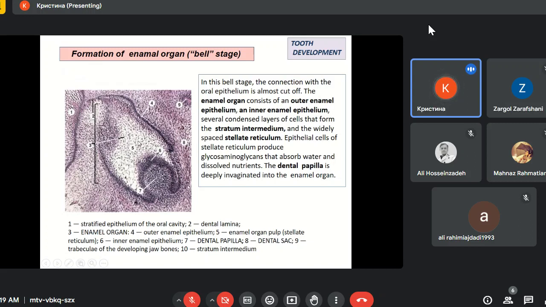They look like small stars, and they resemble mesenchyme cells because now they have very large spaces between them, and these spaces start to absorb a lot of water with glycosaminoglycans and dissolved nutrients, because this part, the pulp of the enamel organ, will next perform the nutrition for enameloblasts, the cells which will produce enamel of the tooth.